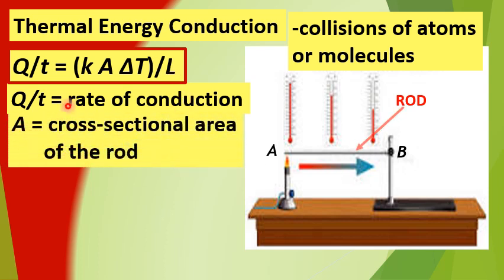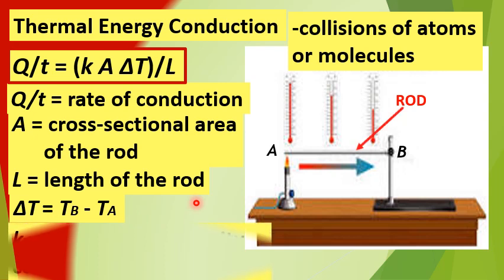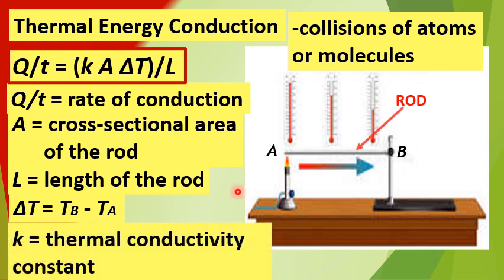capital A is the cross-sectional area of the rod. Capital L refers to the length of the rod. Delta capital T is the temperature difference, T sub B minus T sub A. And small letter k is known as the thermal conductivity constant.